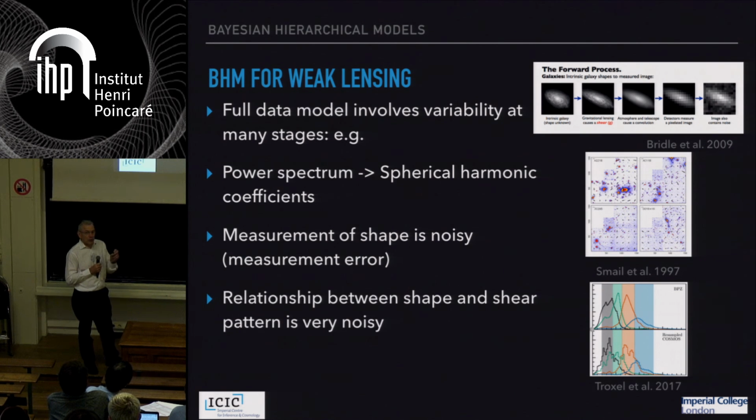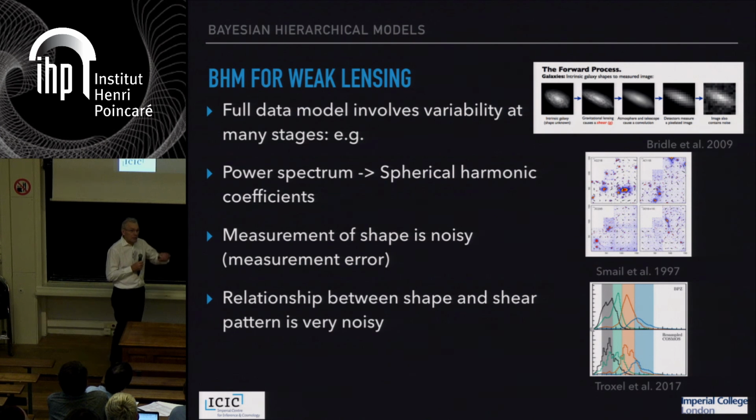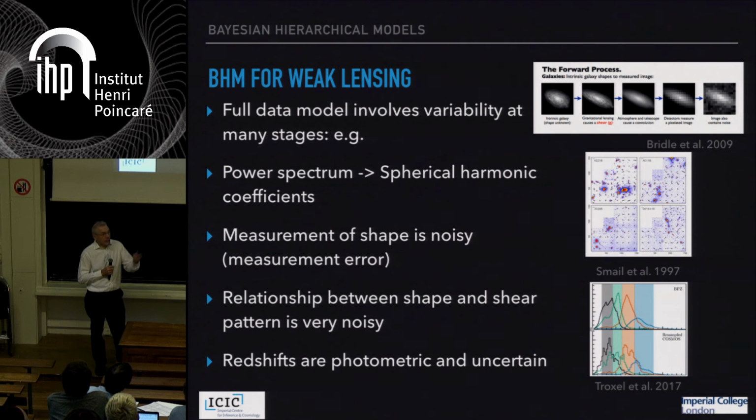But also the relationship between the shapes of the galaxies, which is what you measure, and the shear, which is the underlying distortion pattern, is also very noisy because of shape noise. So these are some of the places, including one more actually: the redshifts are not determined spectroscopically, so there is some uncertainty in where the galaxies are.